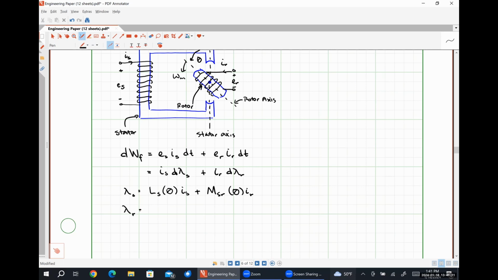And then the flux linkage of our rotor is going to be the self-inductance of our rotor, which is dependent on theta, times IR, plus the mutual inductance, still dependent on theta, times IS.